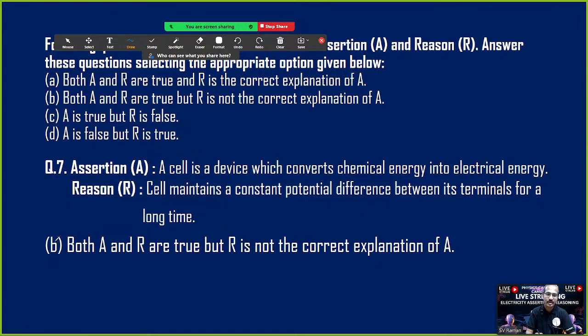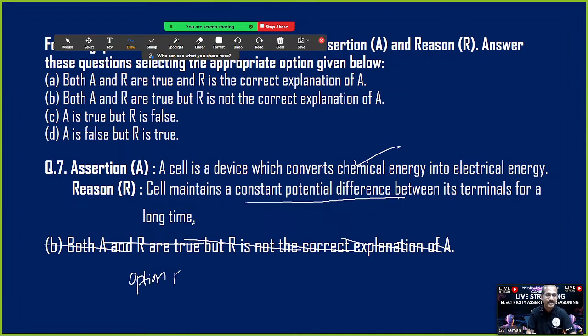This option is also wrong. A cell is a device which converts chemical energy to electrical energy, yes, this is right. Now the cell maintains a constant potential difference between its terminals for a long time. Option A is the right answer here.